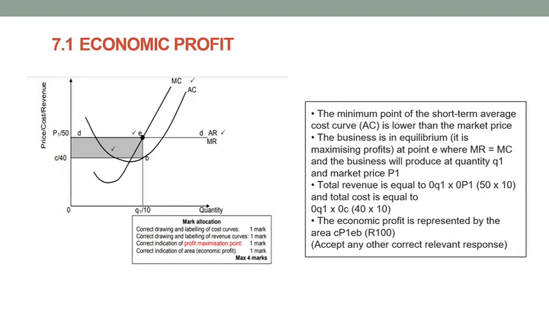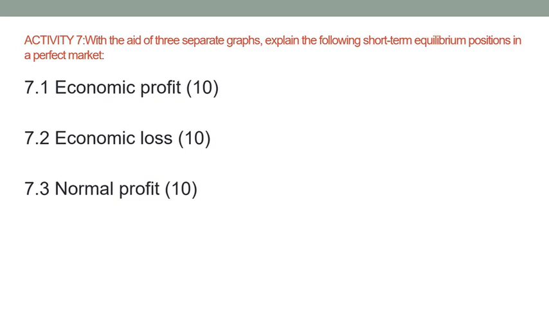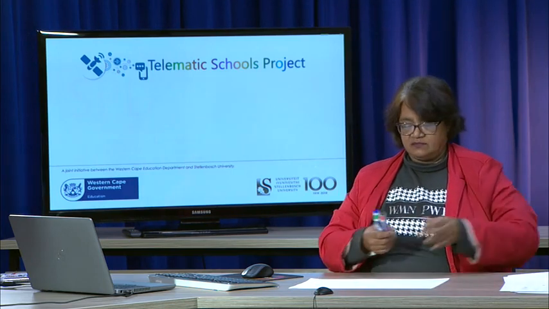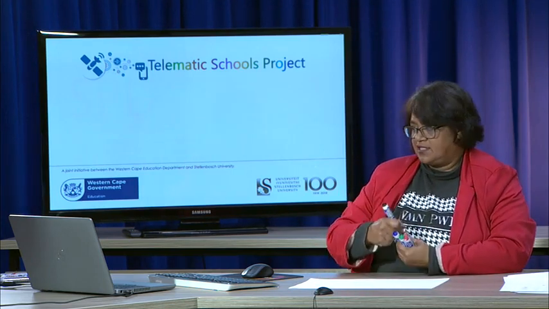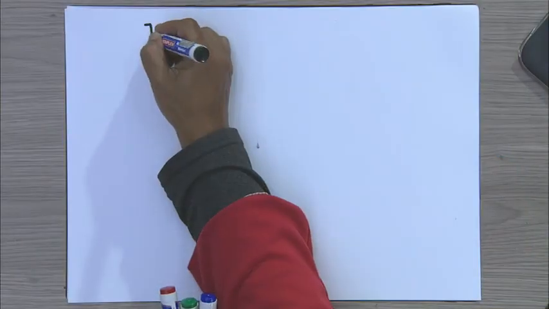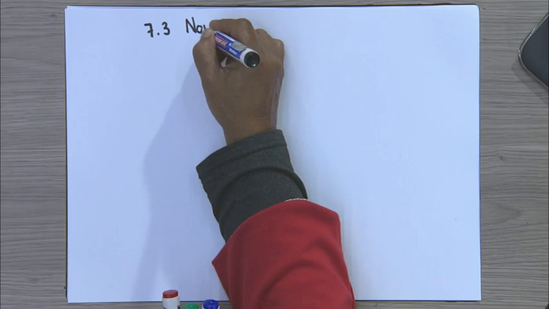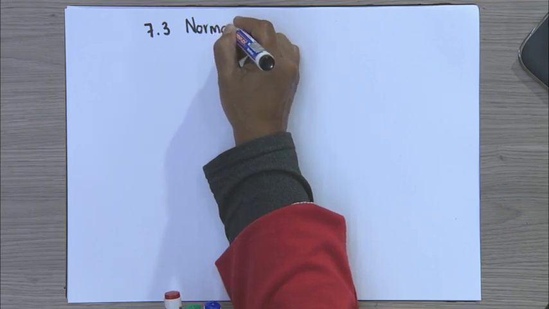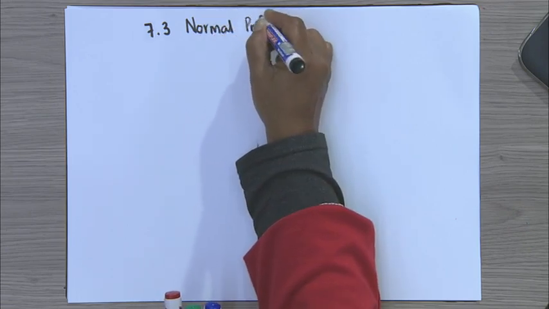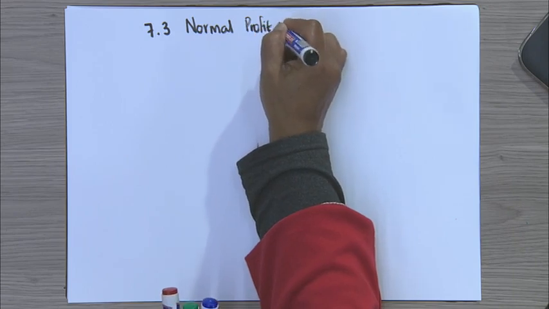And then the last part of the question here says you've got to do the normal profit. That's 7.3. Right.